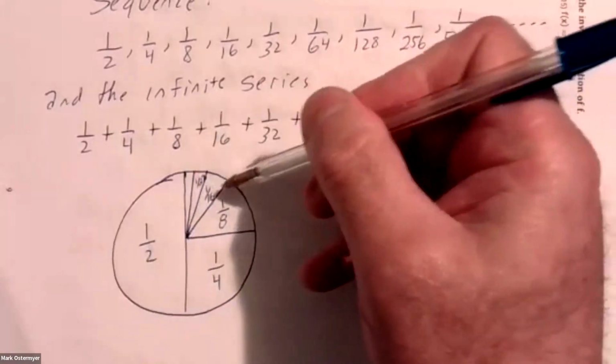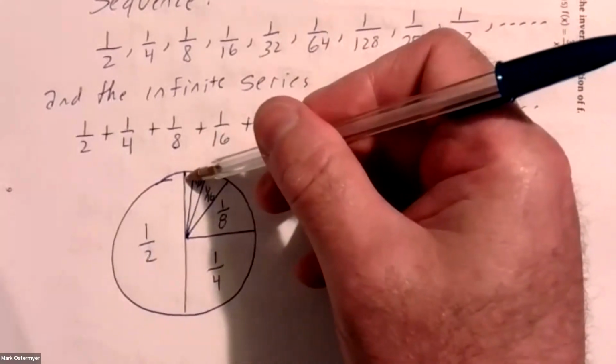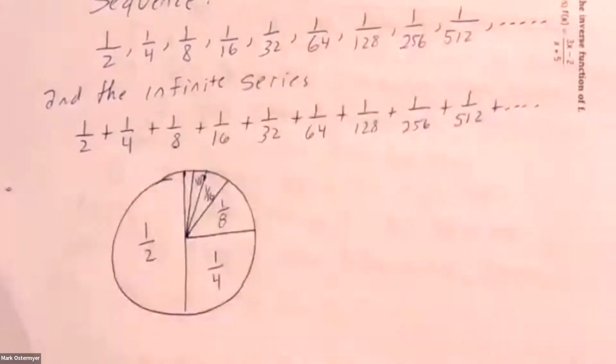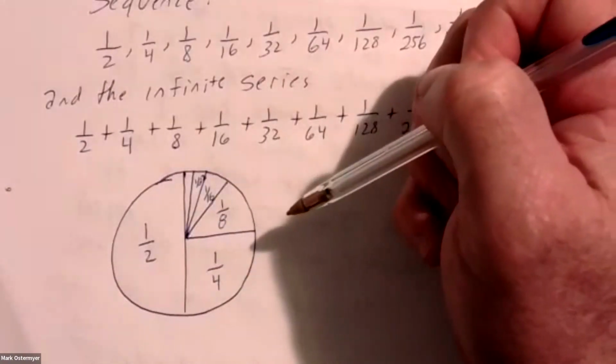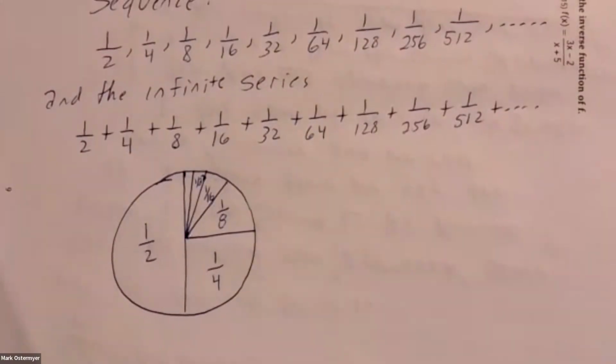So now I got 1/32 here and I got 1/32 here. I have a question. How many times can I keep subdividing these pieces in half?